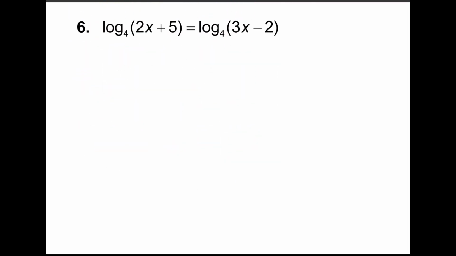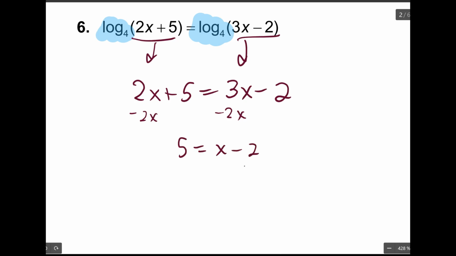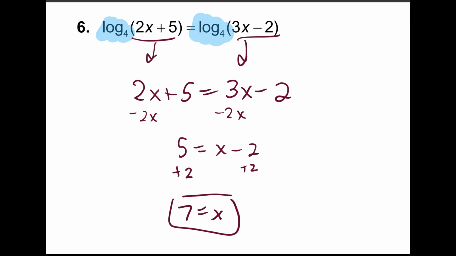All right, let's try 6. Any takers want to try 6? All right, go ahead. Not necessarily cancel out, but because they have the same base, we'll set the inside equal to each other. Good.